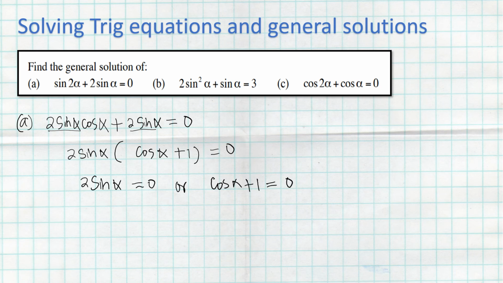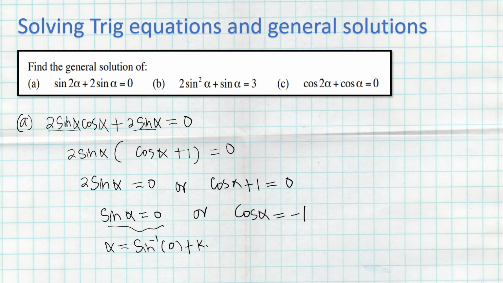So here I'm going to divide by 2. It will still remain sine alpha equals 0, or cos alpha equals what? Minus 1. So when I do this one, I'm just going to use the rule for sine to say alpha equals arcsine 0 plus k times 360 degrees, or alpha equals, remember the rule for sine, 180 minus arcsine 0 plus k times 360 degrees.